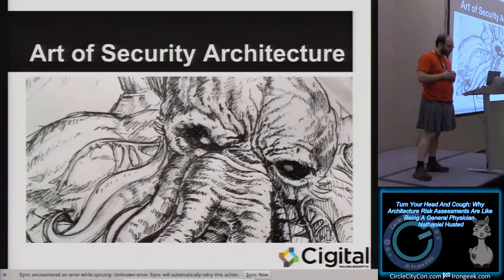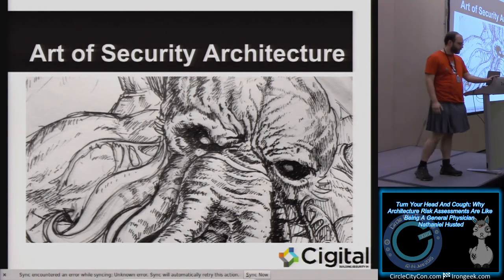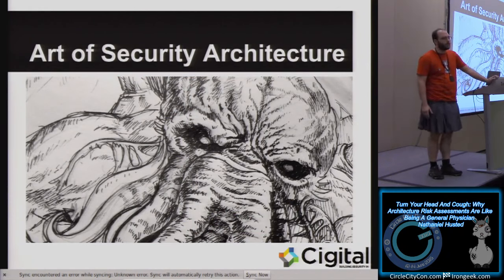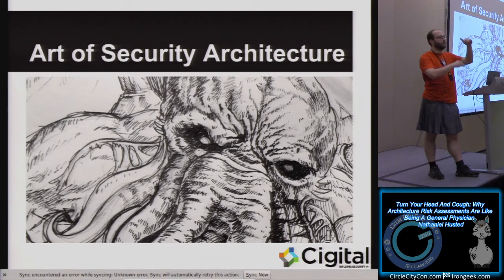So what you end up having to do there is having a very standard set of processes. And doctors, many times, do this via diagnostic standards. They have those huge volumes of various different conditions and the symptoms that those conditions show, and they can start going through those and narrowing it down. And we somewhat have that with patterns, with security architecture.